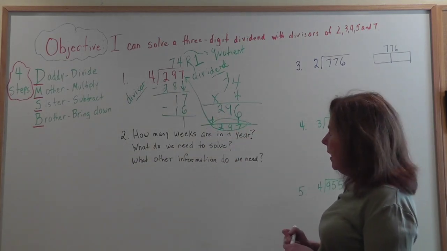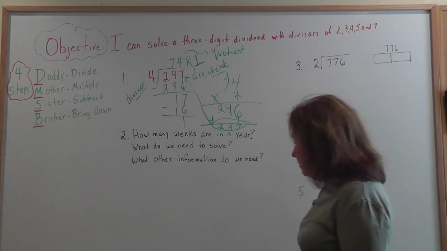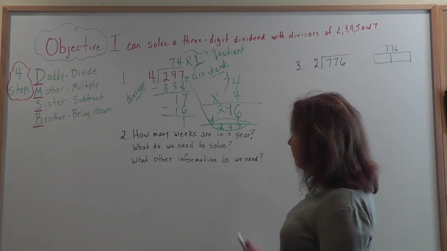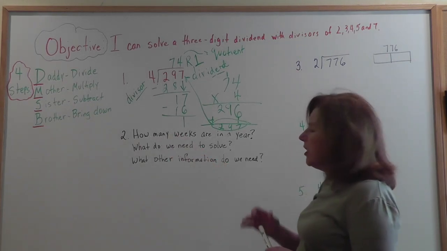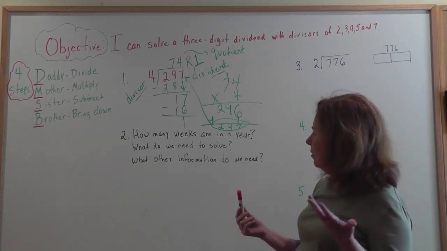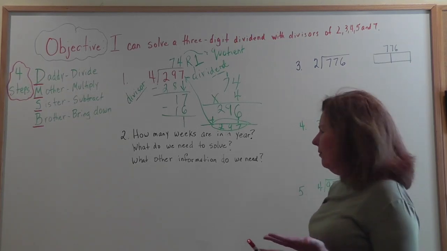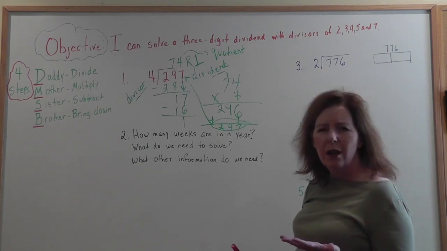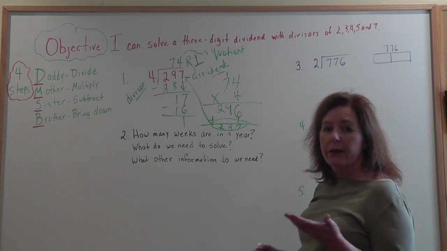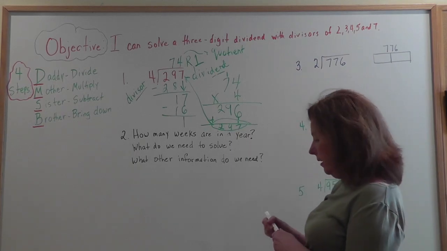Okay? Now, my next problem I want to go over is, it says how many weeks are in a year? So what do we need to solve? Well, we need to know how many days there are in a year. And there are 365 days in a year.